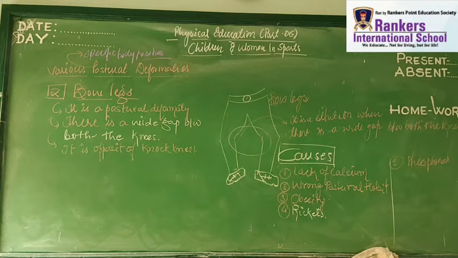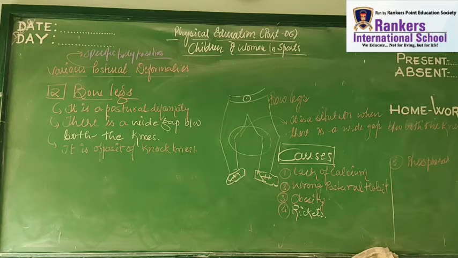Bow legs is a defect in the legs in which the leg bends outward. The leg bends outward, the space between the knees widens and the leg takes a curved shape. Bow legs cause a lot of pressure over the lateral edges of the feet. What are the main causes?